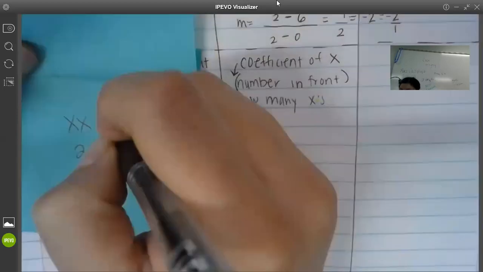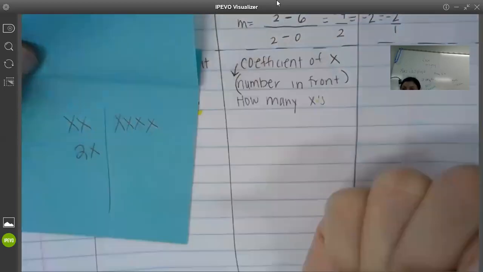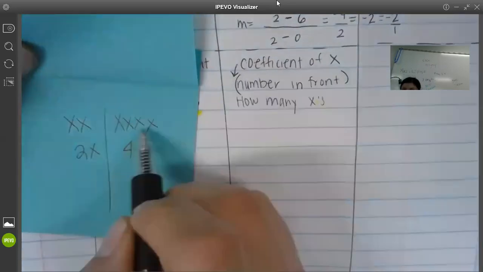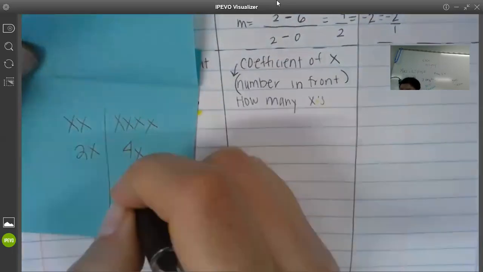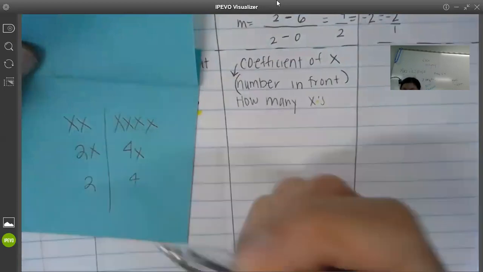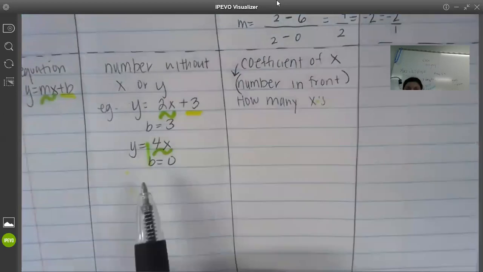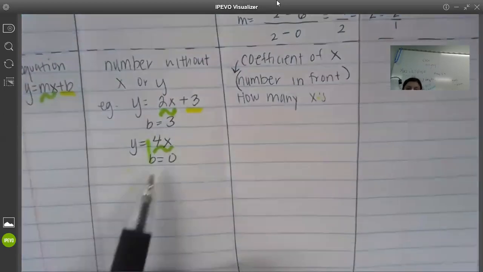If I had 4 of them, I don't want to write them all out. I would just write 4x to know that there's 4 of them. So here the coefficient would be 4, the coefficient would be 2. So let's do an example. What about this one? What would be the slope in this problem?